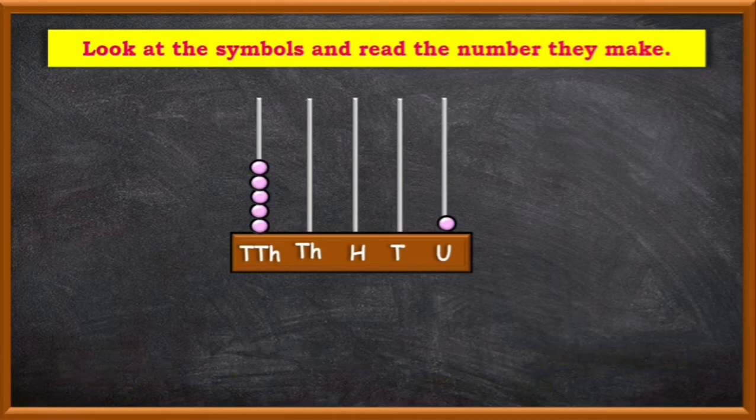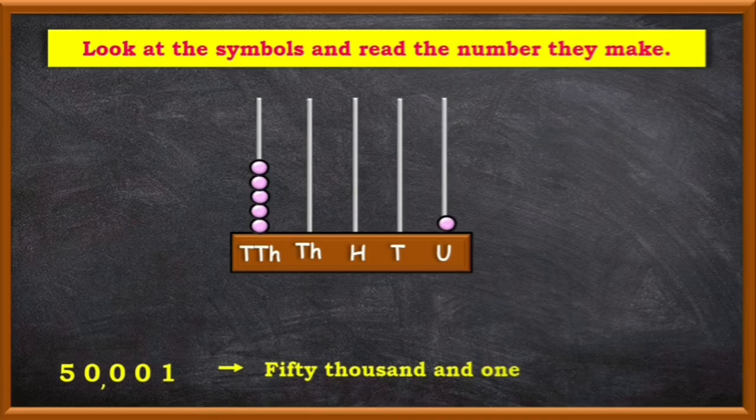Now here we have 5 beads in 10,000s place, 0 bead in thousands place, 0 bead in hundreds place, 0 bead in tens place, and 1 bead in units place. So this number is read as 50,001.